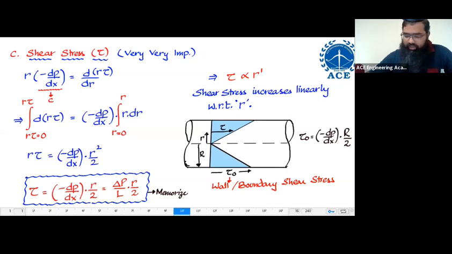Okay. Now coming to the next thing, I told you the shear stress is important. Wall shear stress is important for us. Let us look at the significance of wall shear stress.